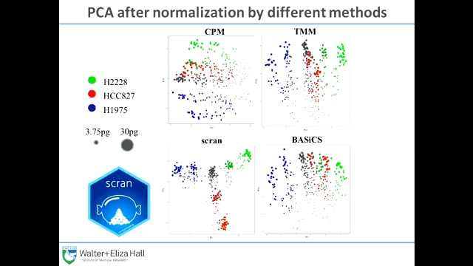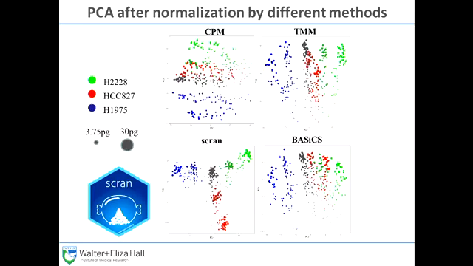So what we're looking at here is principal components analysis after normalizing the raw count data by different methods. CPM is counts per million. TMM is a bulk RNA-seq scaling factor normalization method.